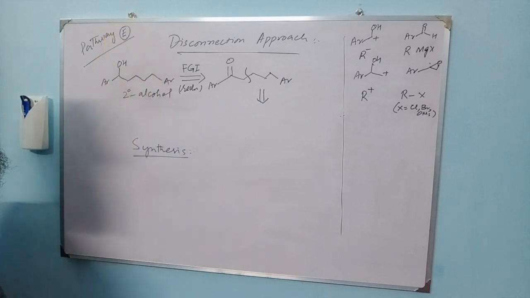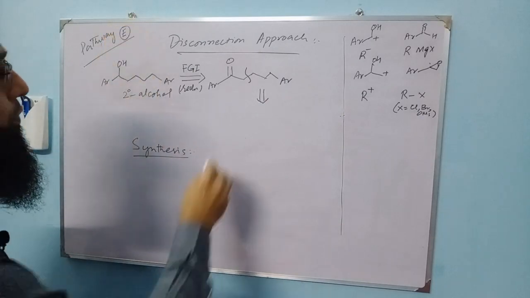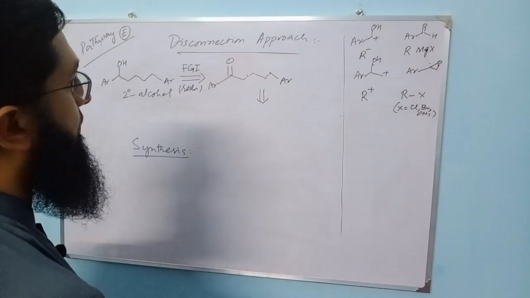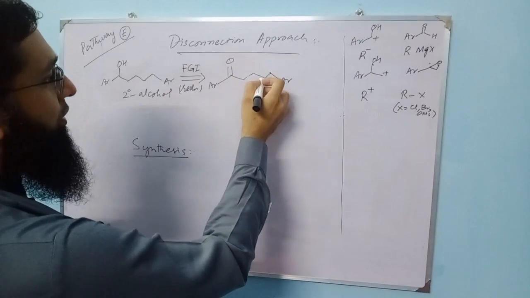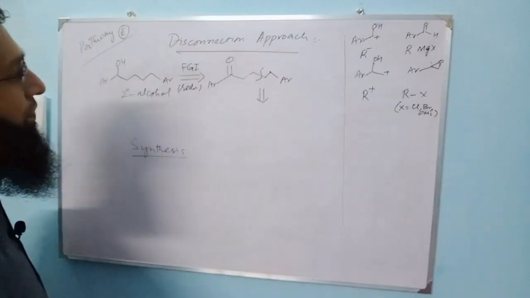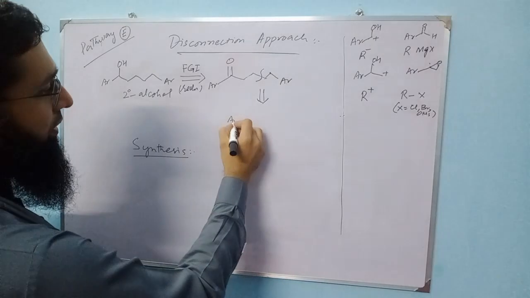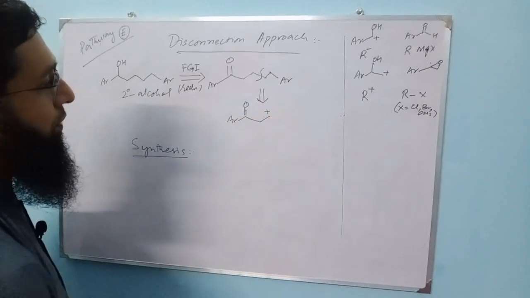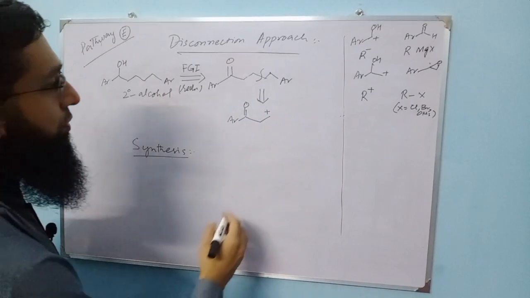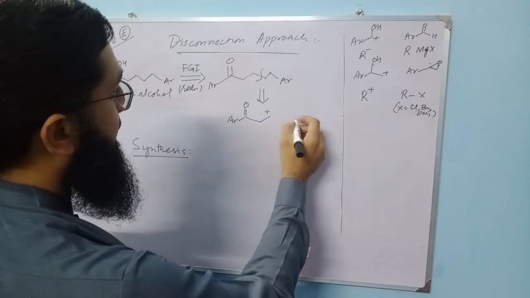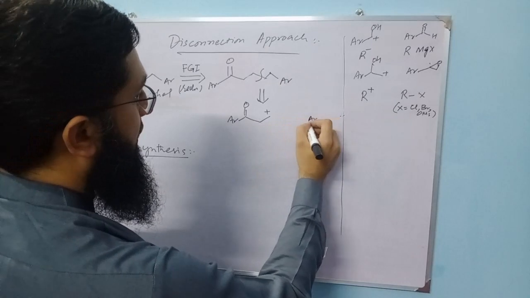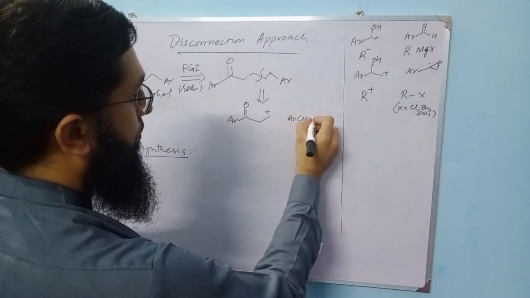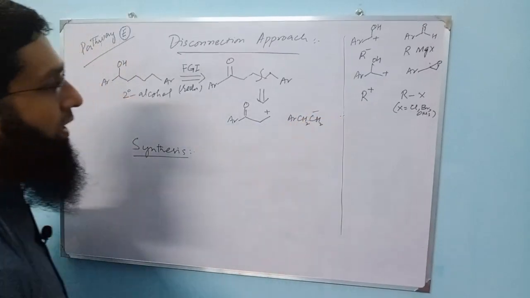Now we propose another pathway. We can also disconnect the molecule from here, and if we disconnect from there, here a positively charged synthon would be obtained, and this would be negatively charged.